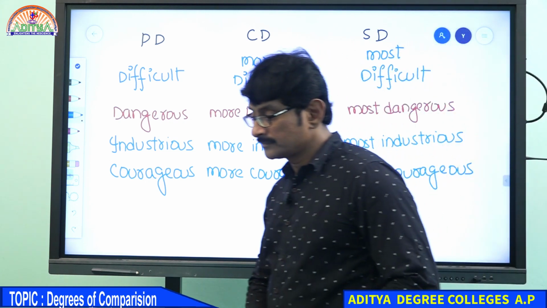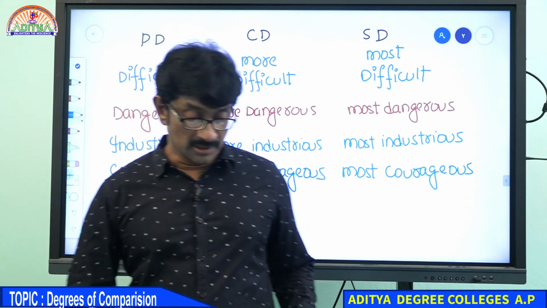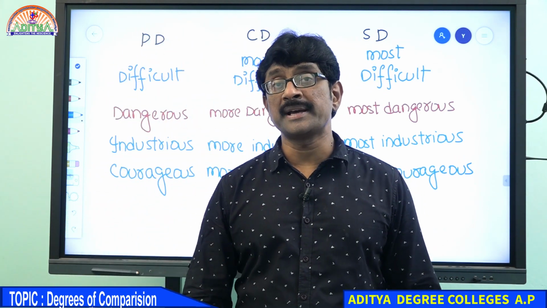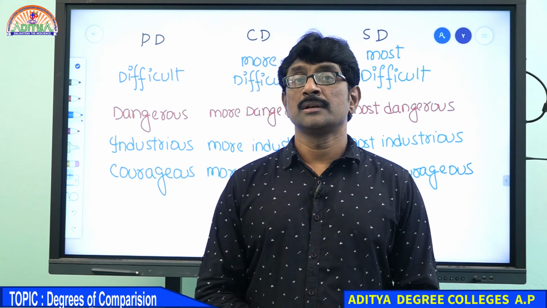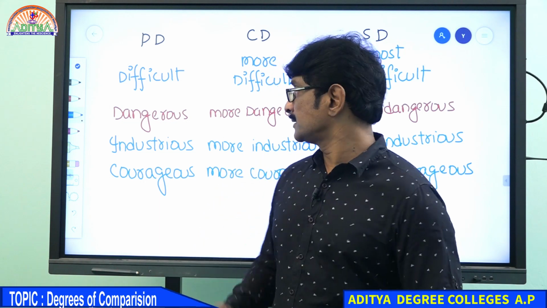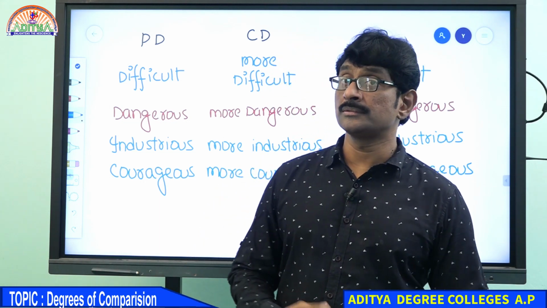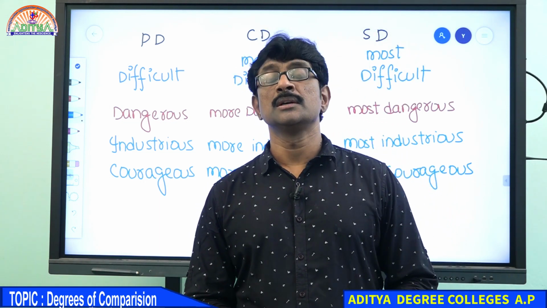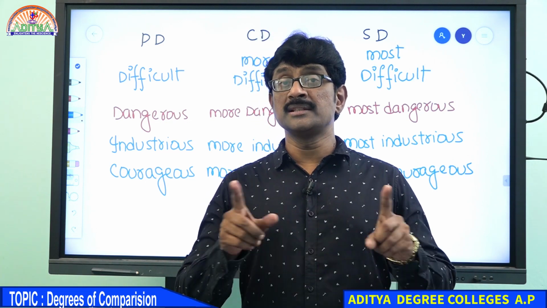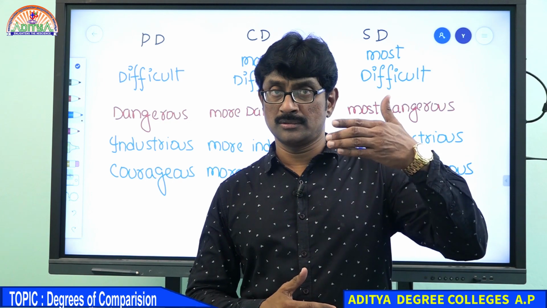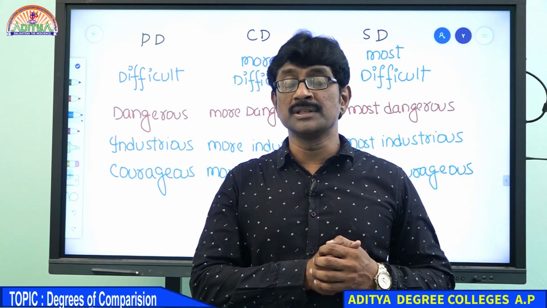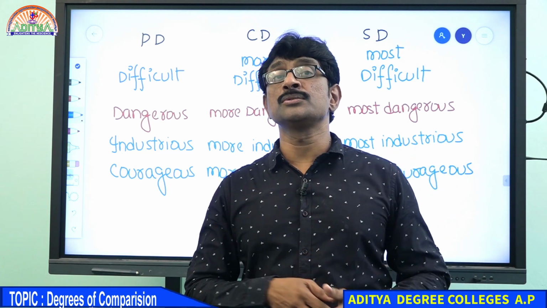Okay, students. Like this, we can write positive, comparative, and superlative degrees. There are still some rules in this, and we'll discuss those rules tomorrow. Later we have to make comparisons, like how to change from positive degree to comparative degree and to superlative degree.